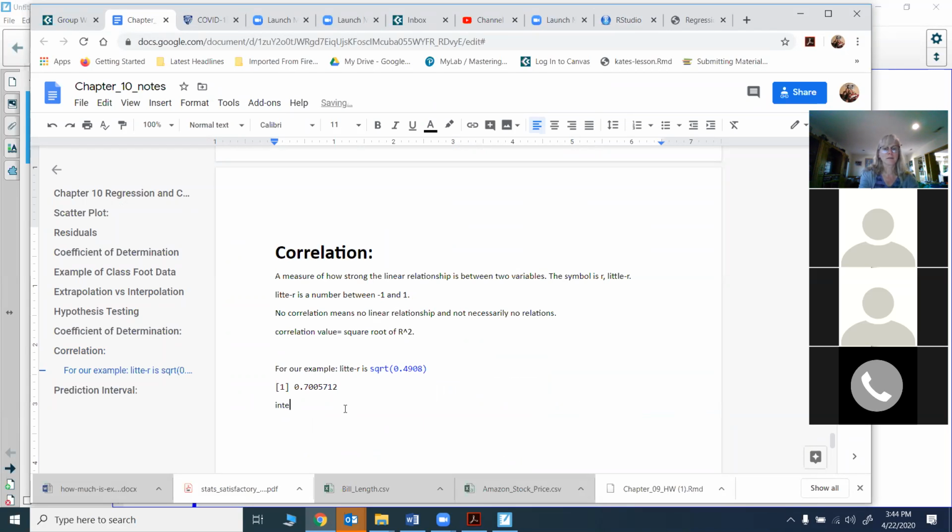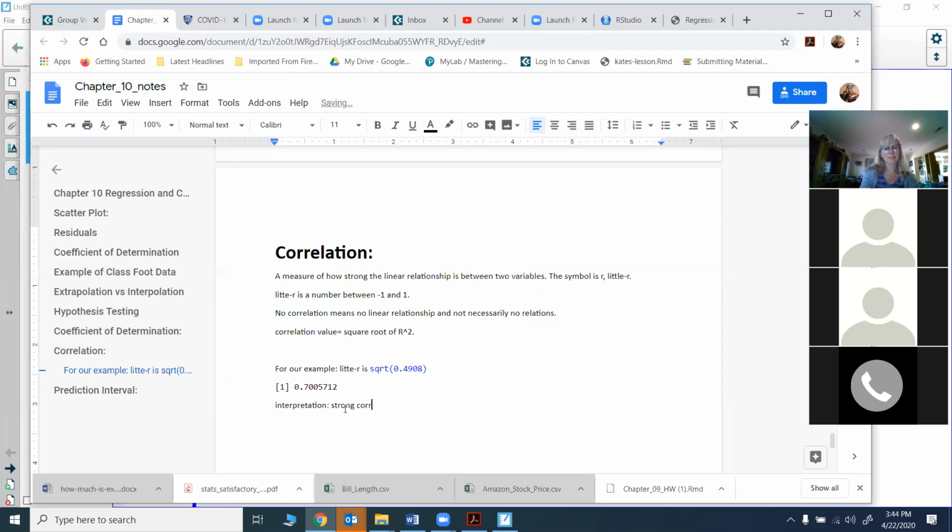What would the interpretation of that be? 70%? Well, remember, they're not percentages. So unfortunately, big R squared is percentages, but the little r and the big R are not percentages. These are just numbers. But we can talk strong, moderate, weak, positive, negative. Strong. It looks like it's probably strong. I would call this one strong.